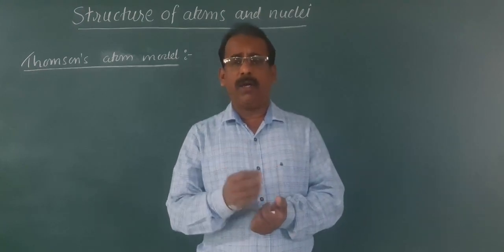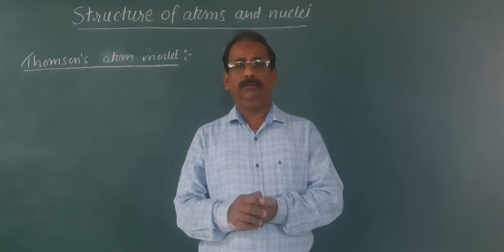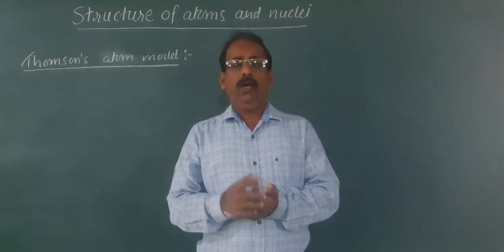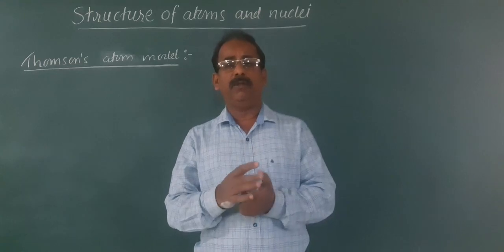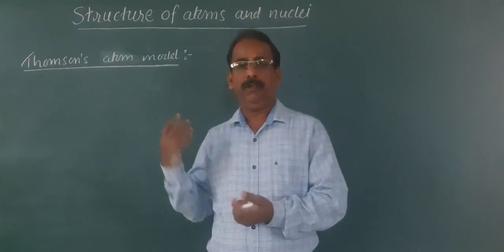How is this model according to Thomson? And where are these electrons, which are negatively charged particles, present in this atom? See here.